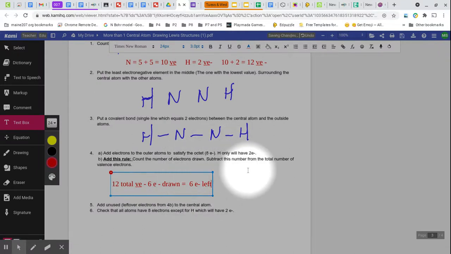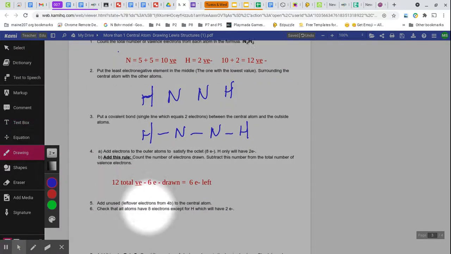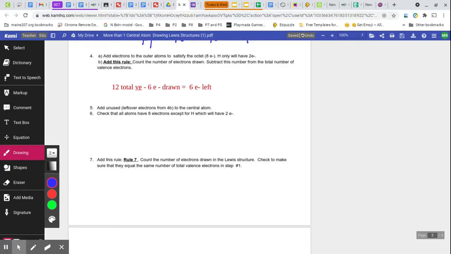Okay, so down here, I'm going to draw H, N, N, H. And now I'm going to put on 6. So I'm going to do 2, 4, 6. When we get to the next step, we check to make sure they all have an octet.